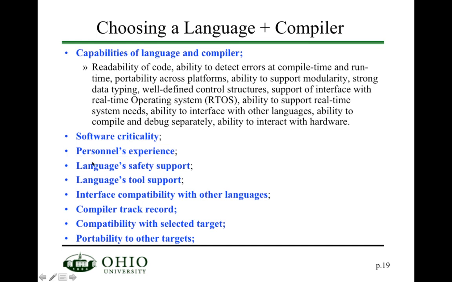Personal experience also matters: if you have a team with a lot of experience with C, for example, this would give C a preference. Languages, safety and tool support are very important. If tools or safety features are available, that's a big plus for a language. Of course, the existence of interfaces with other languages may be a factor. Also the compiler track record, compatibility with the selected target, and portability to other targets in case you look at a more long-term application where you may have to upgrade eventually to a different target platform.